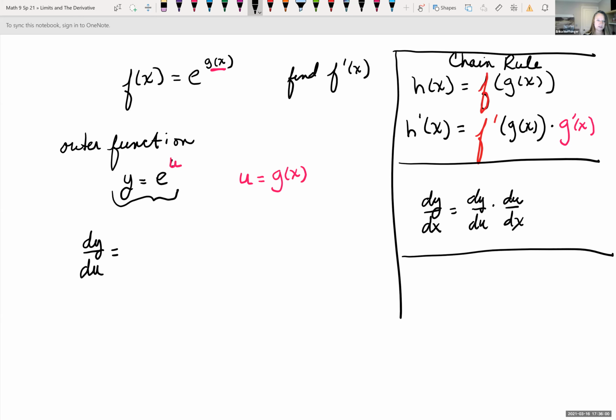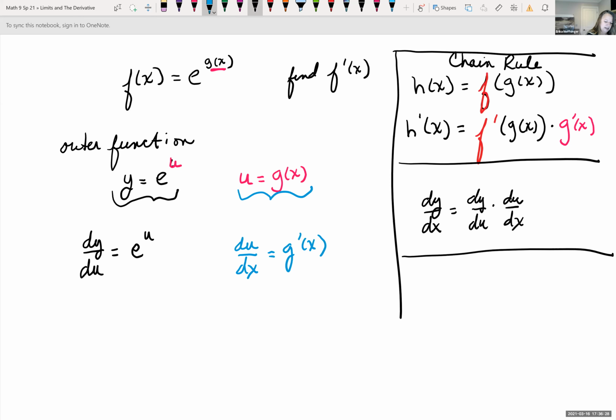If I'm looking at it that way and I want to find the derivative of e to the u, so dy du, well, we just found that the derivative of e to the x is just e to the x. So the derivative with respect to u of e to the u is e to the u. And we want to find the derivative of u with respect to x, so du dx. Well, I don't know what g of x is, but I can write that derivative as g prime of x.